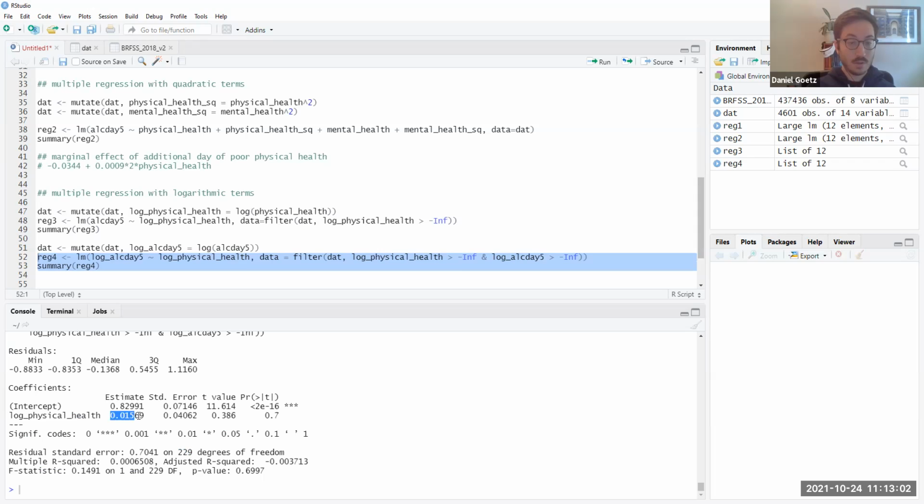And we have a positive insignificant coefficient, but the interpretation here would be a 1% increase in the number of days where you have poor physical health leads to a 1% increase in the number of days in the past week that you spend drinking. Okay, log is not good here for the zeros reason. It's also not great here because a 1% increase in the number of days last week, what does that even mean?